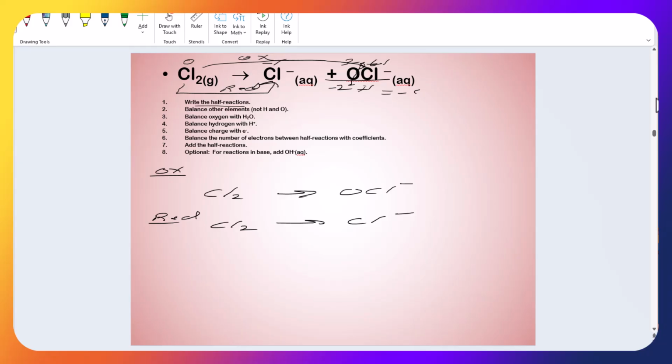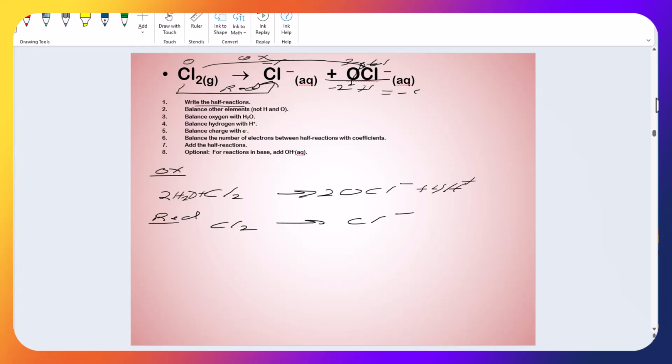All right, let's go ahead and get her balanced. I got 2 chlorines, only 1 over here, so I need to multiply that by 2. I have 2 oxygens on the product side, so I need to add 2 H2Os over here on the reactant side. That gave me 4 hydrogens, so I have to add the 4 hydrogens over here. And now we're going to balance charge.